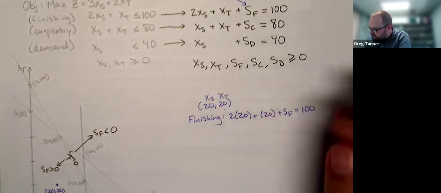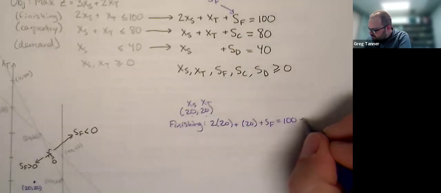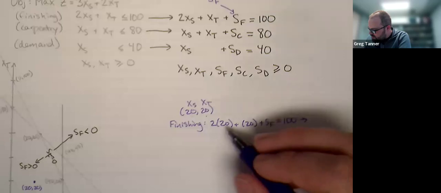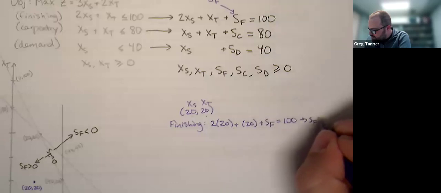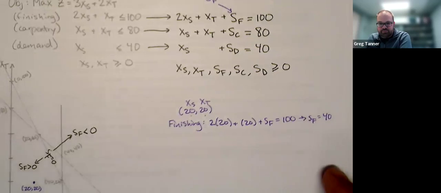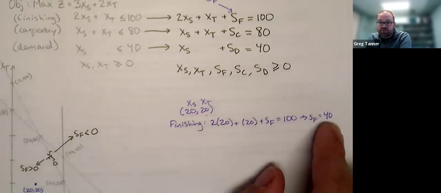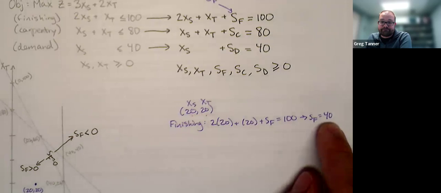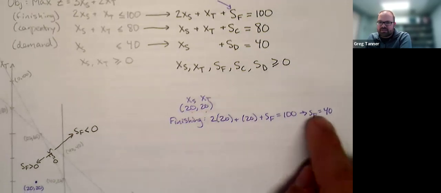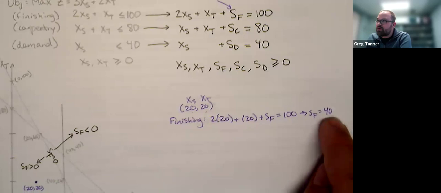And if I subtract that over the other side, that will tell me that the first constraint has 40 units of slack, which means that if we were to choose to make 20 soldiers and 20 trains, then we'd have 40 extra hours of finishing labor. You can think of these slack variables as having whatever units the constraint had. That first constraint was talking about hours of finishing labor, and so we've got 40 extra hours of finishing labor.